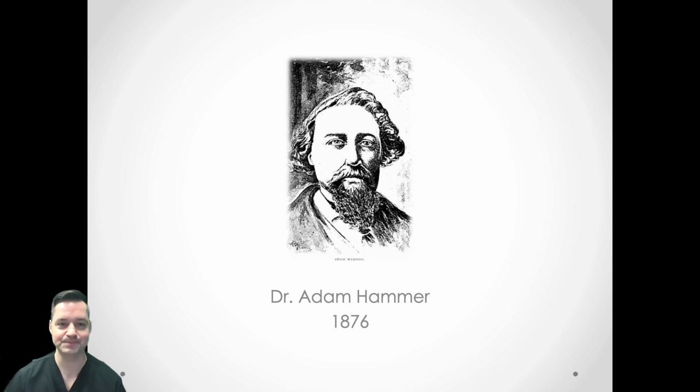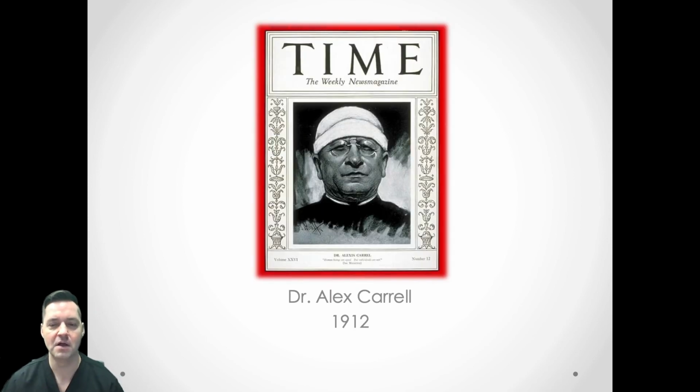It's fascinating. Fast forward, Alexis Carrel, Nobel laureate for his work in arterial grafting, was one of the first to describe how we could use an internal mammary artery to bypass coronary blockages and provide support.